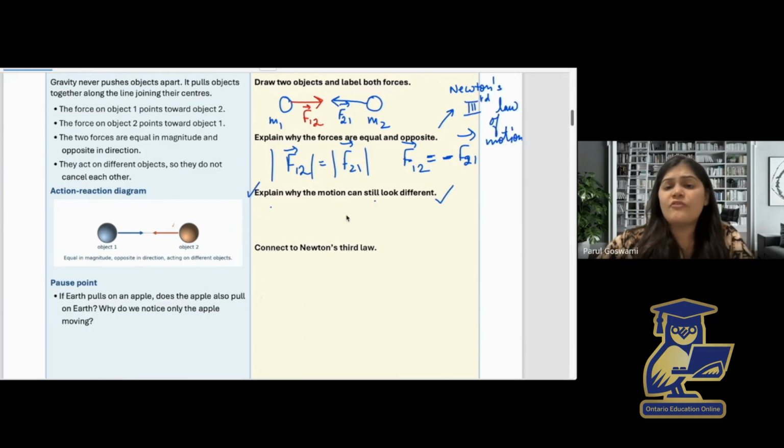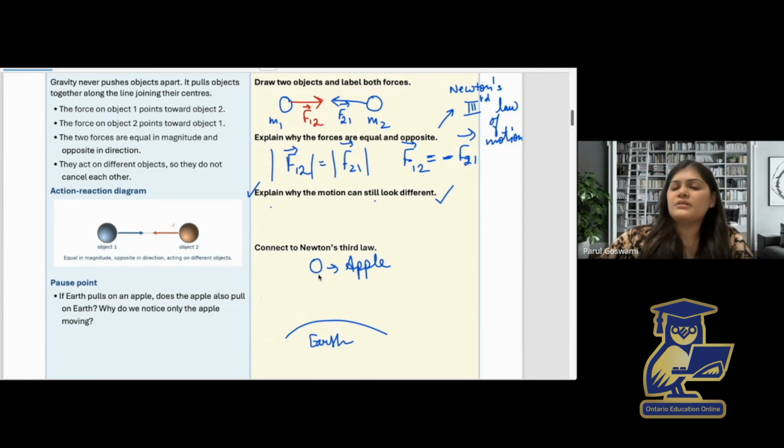Now let's explain why the motion can still look different. Let's say we have an object Earth, and then we have any other object like an apple. The evident motion is that the apple is attracted towards the Earth, and that's why it falls towards the Earth like this. So we can write the force on the apple due to Earth.